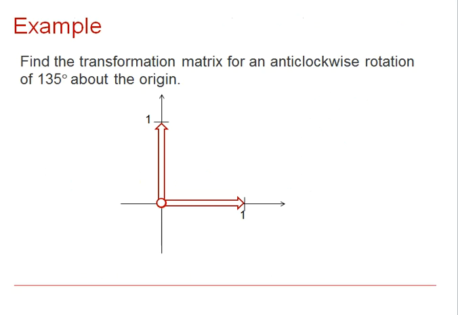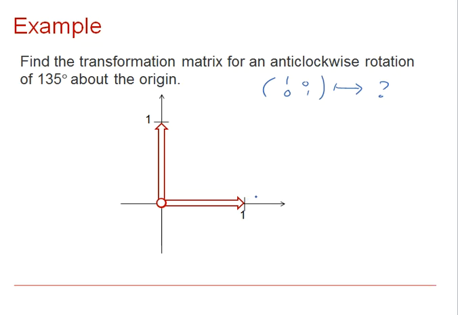If we are asked to find the transformation matrix for an anti-clockwise rotation of 135 degrees about the origin, we may wish to start by considering the unit square, or the points 1, 0 and 0, 1. So we are in effect considering where 1, 0 and 0, 1 will map to.